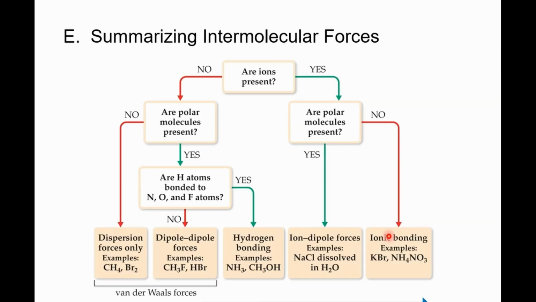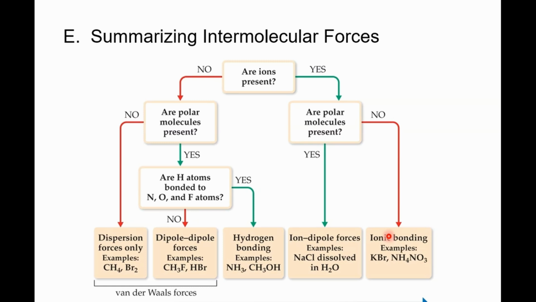So a lot of quiz questions might say, which of the following species can hydrogen bond? Or which of the following is an example of London dispersion? So this little flow chart can perhaps help us. First thing we ask: are ions present?